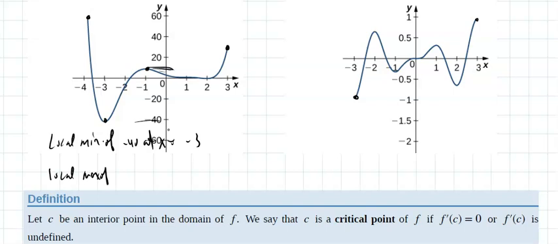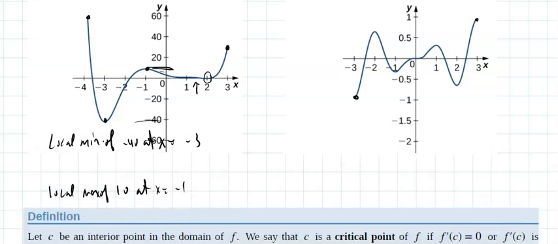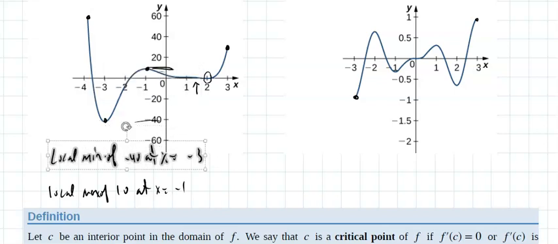It looks like a 10 at x equal negative 1. Now, I'm going to say that looks like a minimum, but again, this is a bit hazy. It shouldn't have been that close. But we have another local minimum of 0 at x equal to. And that's pretty much all there is.